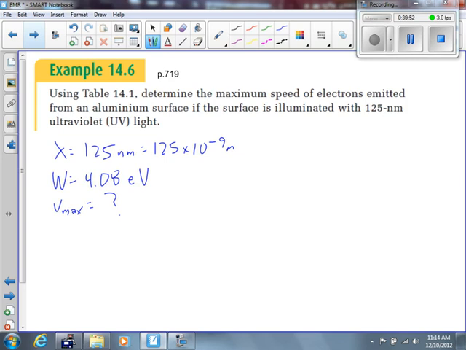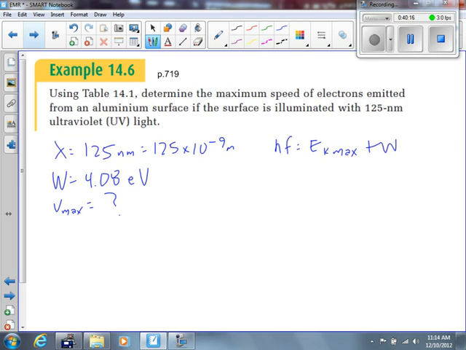Any suggestions? You guys should all have the equations written down in one place in front of you. If not, then check your data sheet, or look for an equation that's not on your data sheet. Which one do you want to try? hf is equal to EK max plus W. Well, okay, go ahead and try that.